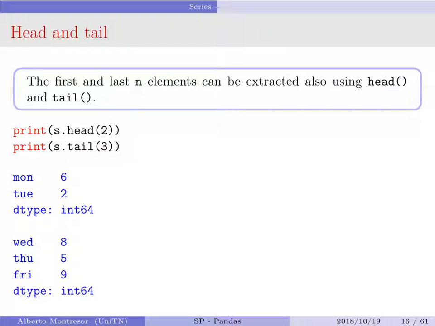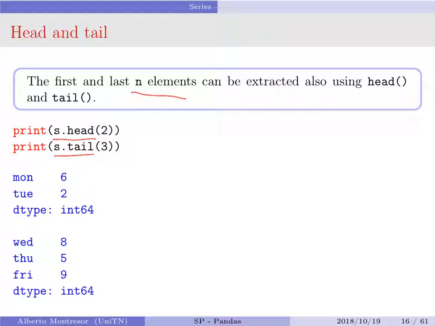You can also get, and this is useful in some situations, particularly where the series are becoming larger and larger over time, information about the beginning or the last, probably the last part. You can ask for n elements to be extracted from the beginning or the end with head or tail.